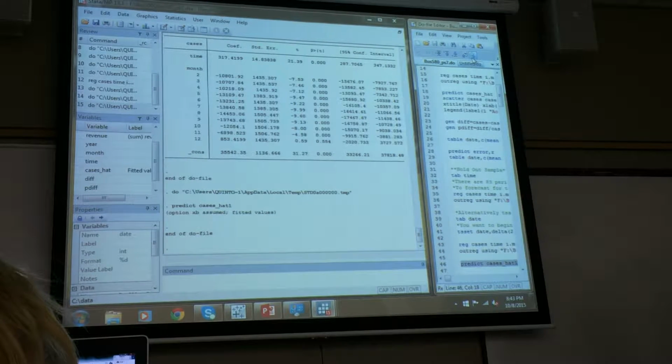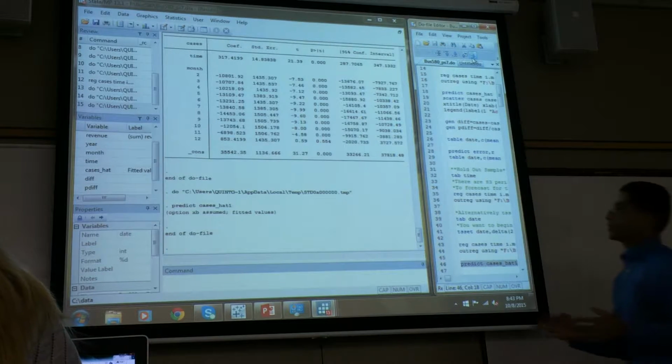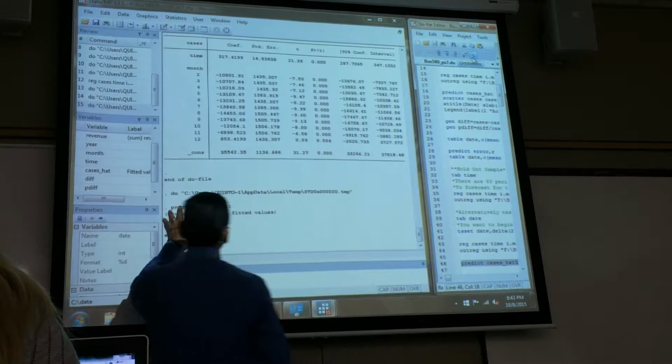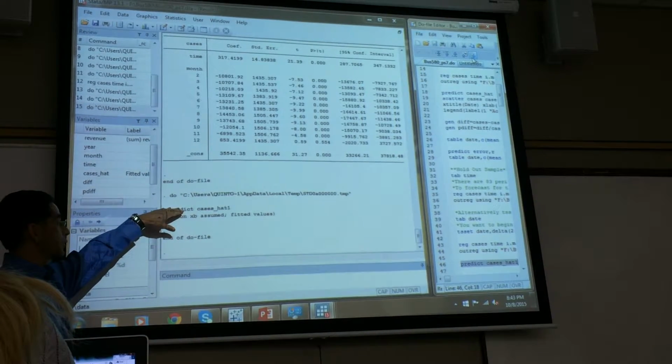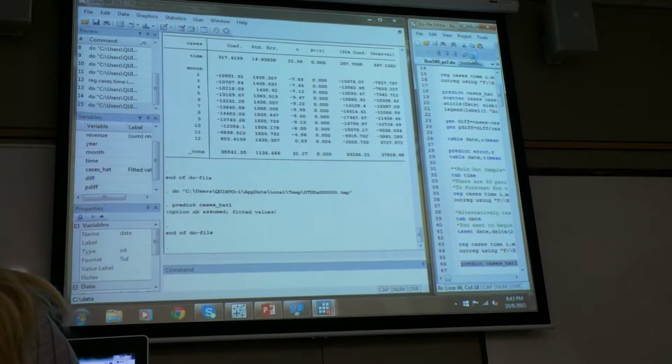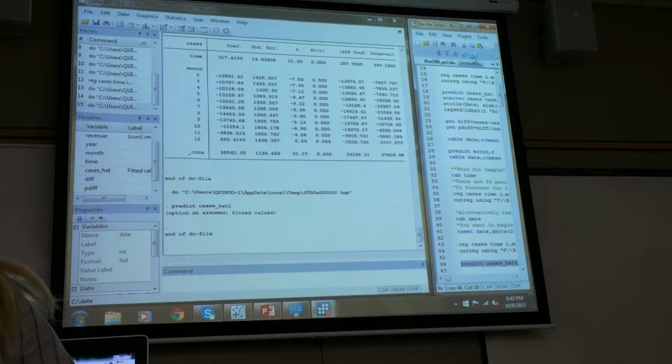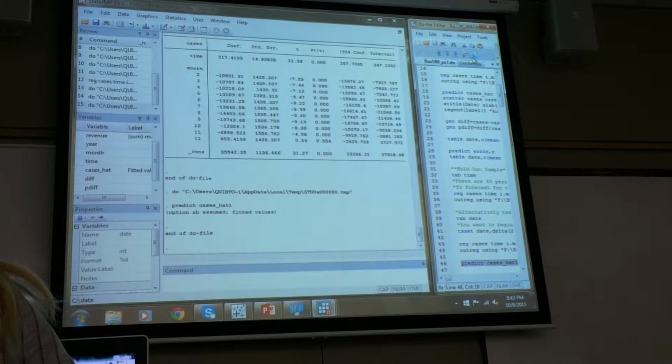So hat1 represents my predicted case volume based on my holdback sample, the 70 periods. And now I want to take my prediction from the holdback sample and see what it did as a forecast for those future periods.